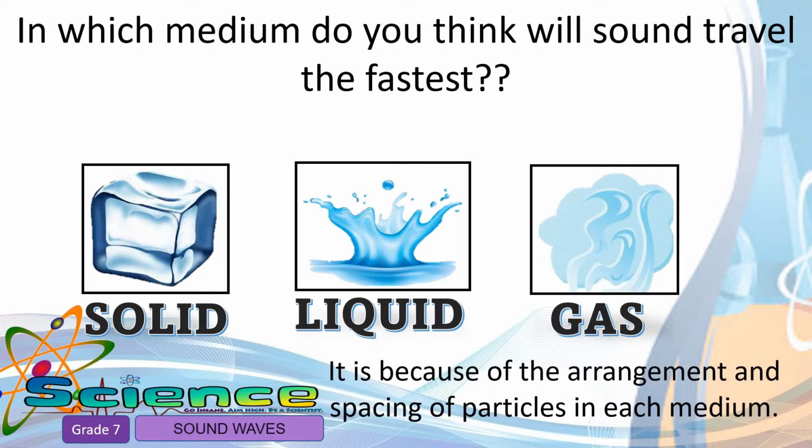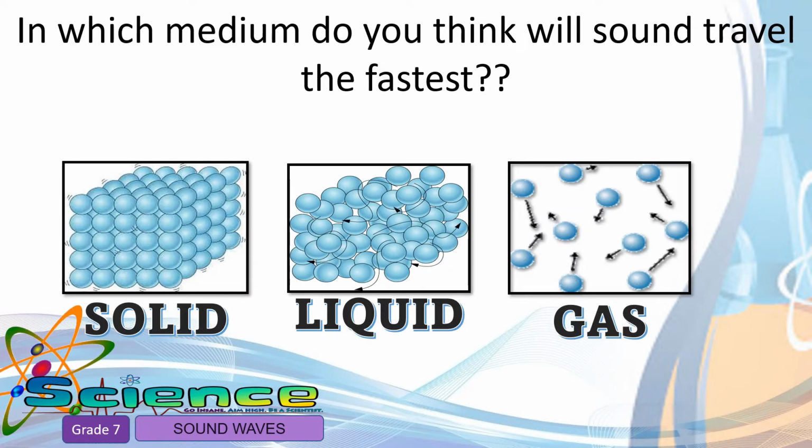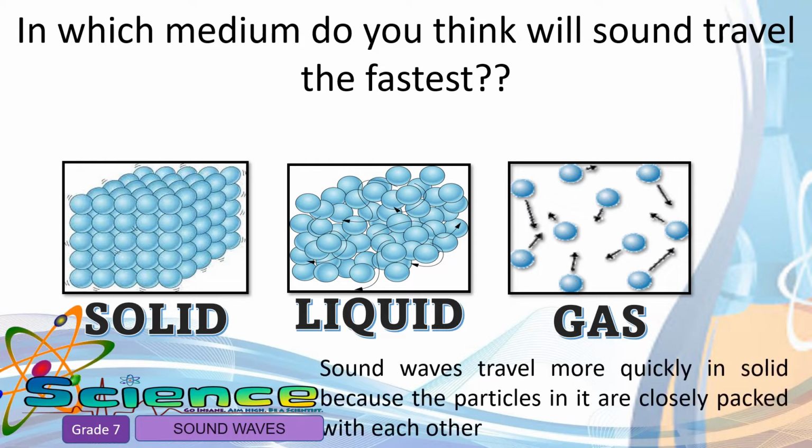It is because of the arrangement and spacing of the particles in each medium. Observe this illustration. You will notice that the particles in solid are more closely packed than the particles of liquid and gases. Because of this arrangement of particles in solid, sound waves travel more quickly in solid as compared to liquid and gases.